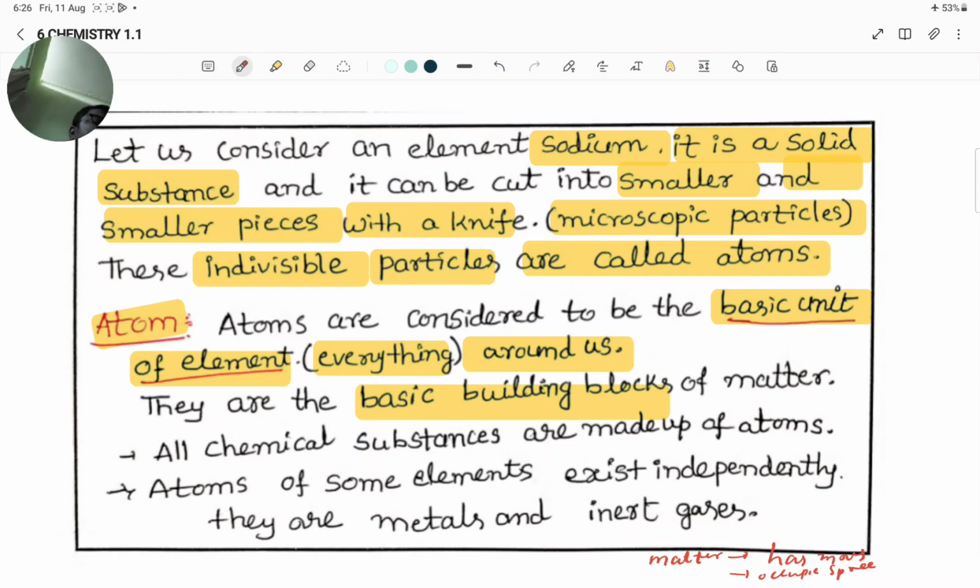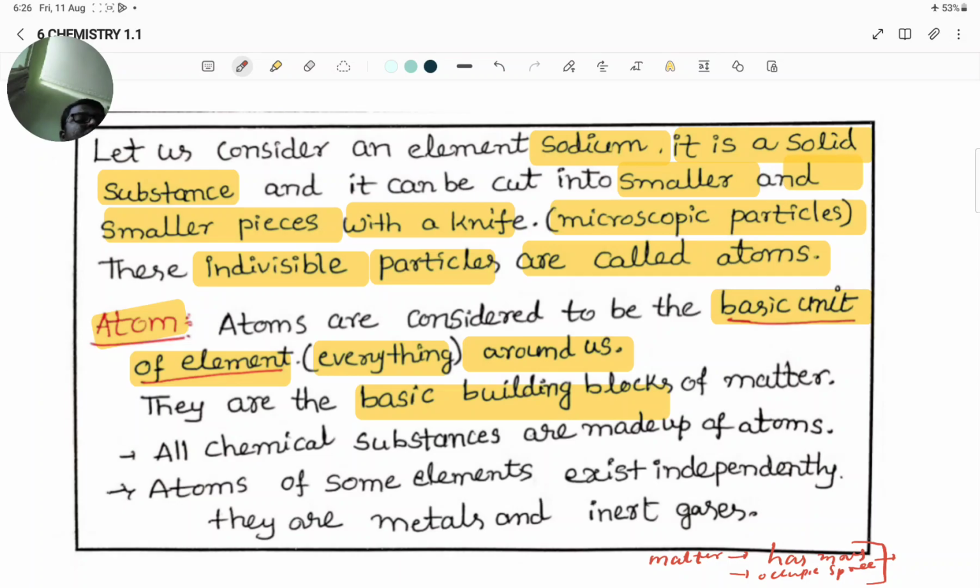If any object or substance fulfills these two conditions, it is matter. Everything in our universe is matter. Every object or substance we can see is matter, and what we can hear is also matter. Matter is everything in our universe.